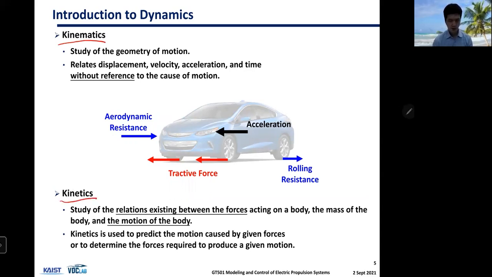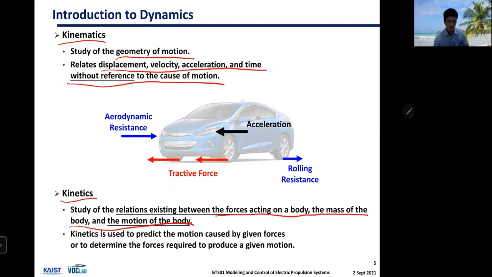Kinematics is more of a geometry of motion. It relates displacement, velocity, acceleration, and time without reference to the cause of motion. And kinetics is a study of the relations between forces acting on a body, the mass of the body, and the motion of the body.